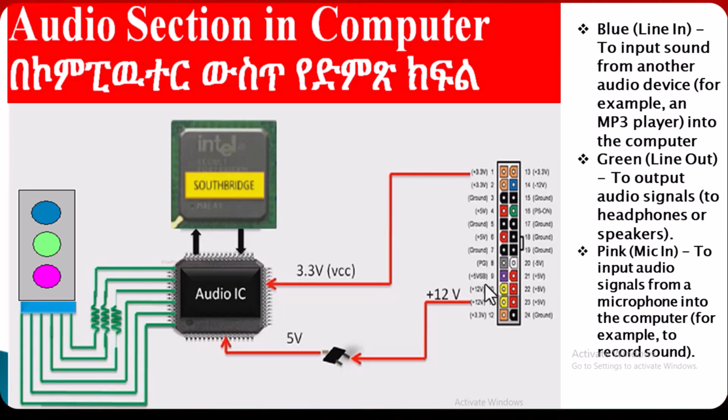This 12 volt comes to the audio IC. After it reaches here, there is a regulator. This regulator changes this 12 volt to 5 volt, and this 5 volt enters the audio IC.